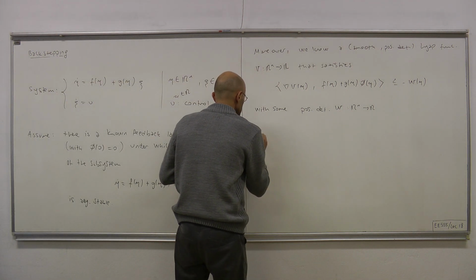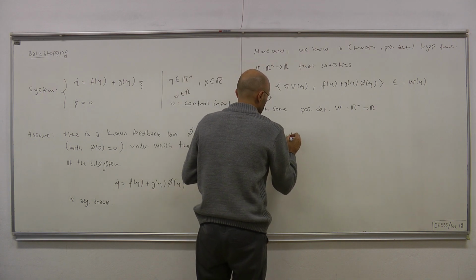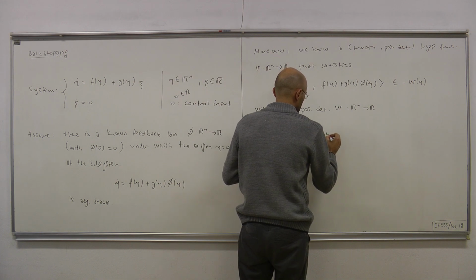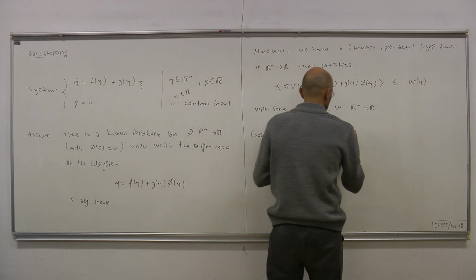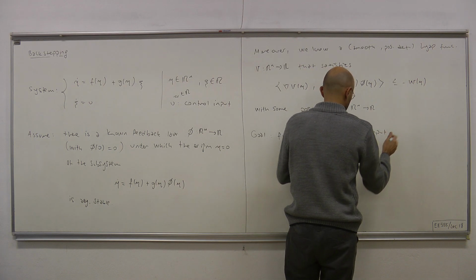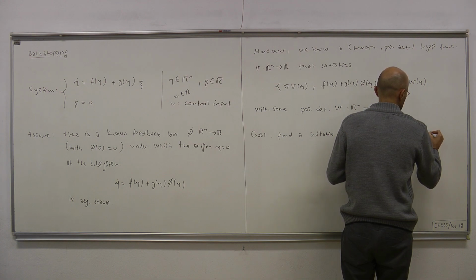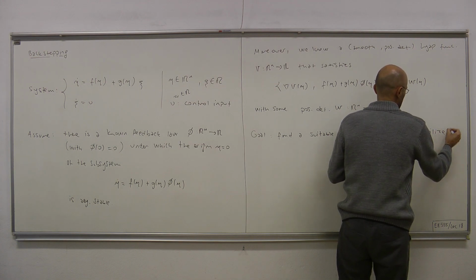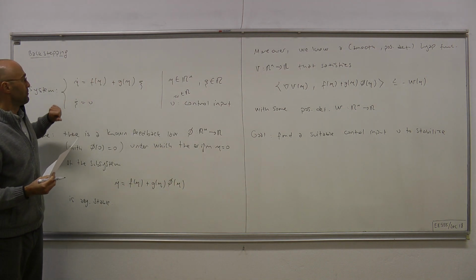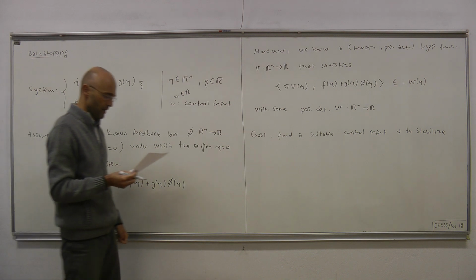Now, our goal is the following. Find a suitable control input u to stabilize this entire system, which has a state eta and xi considered together.